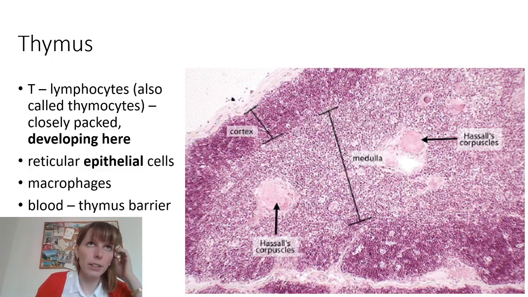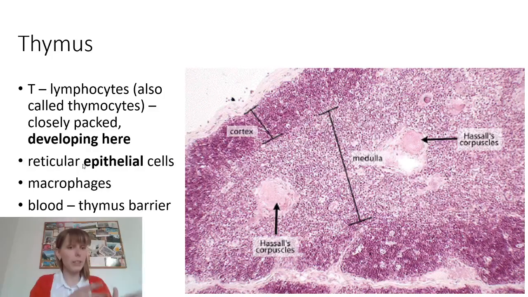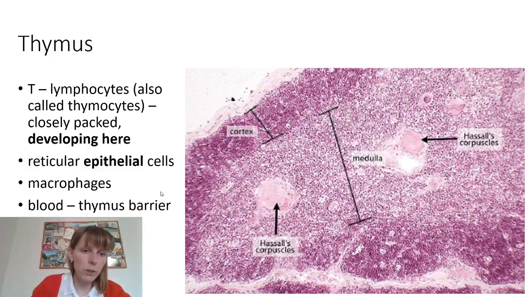So the stroma in thymus is not reticular connective tissue. In spleen we had reticular connective tissue impregnated with silver, saw it already. But in thymus the function is similar, but these cells are not fibroblasts, but they are epithelial cells. They are called reticular epithelial cells that form the stroma.